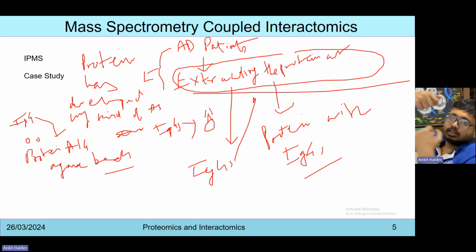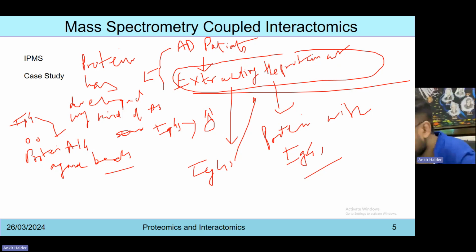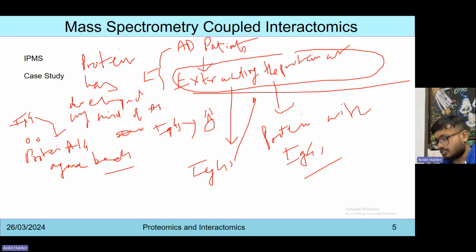So the antibodies, autoantigens, and their interactors will make a chain, and you will run that in the gels and do the LCMS analysis.